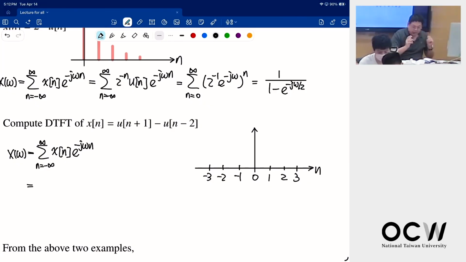So I only have values at 0, at minus 1, and also at 1. And the value is 1.